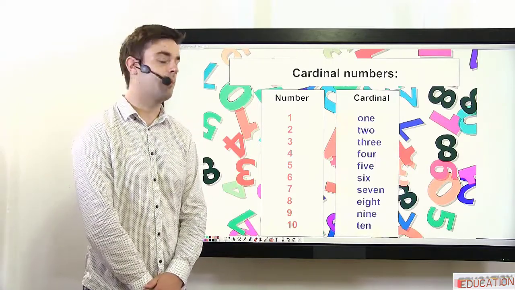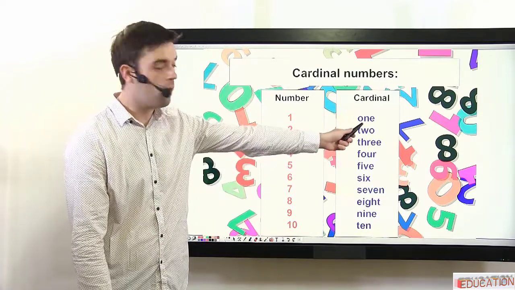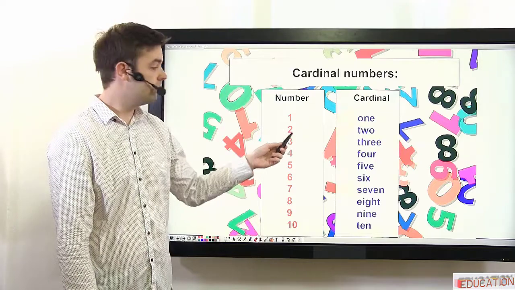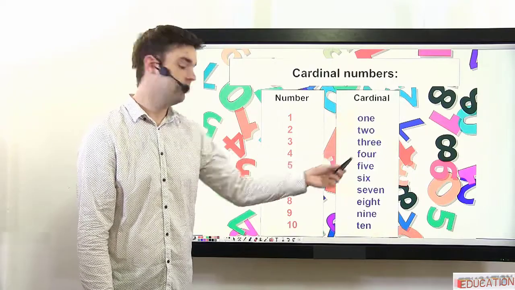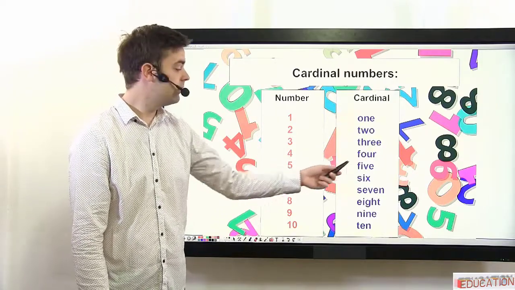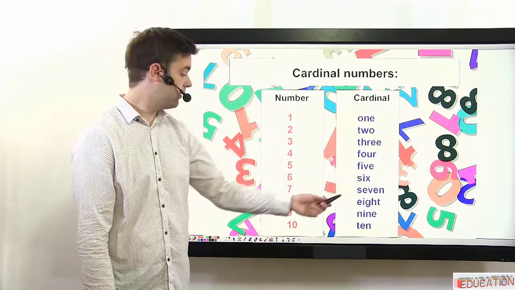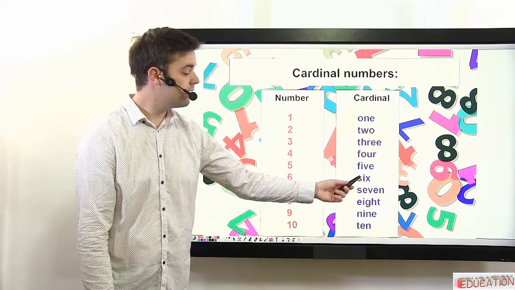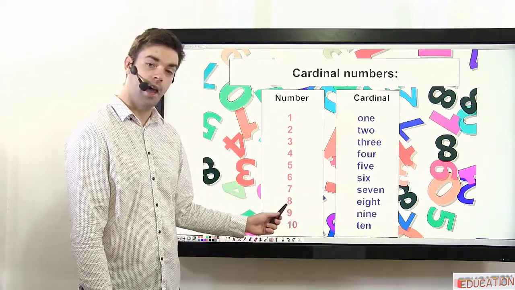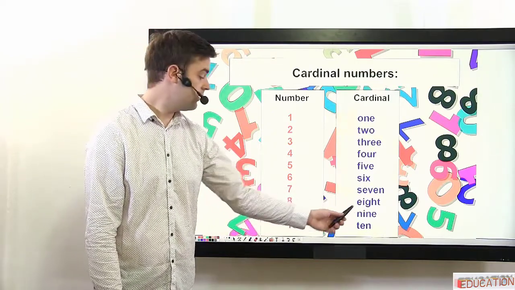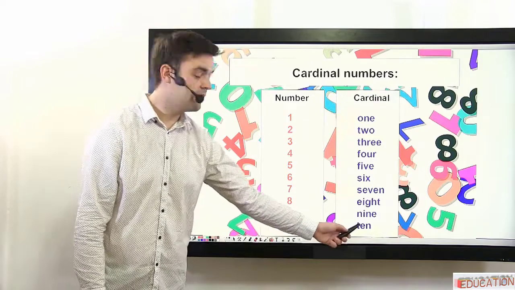Let's start off with the cardinal numbers. 1, 2, 3, 4, 5, 6, 7, 8, 9, and 10.